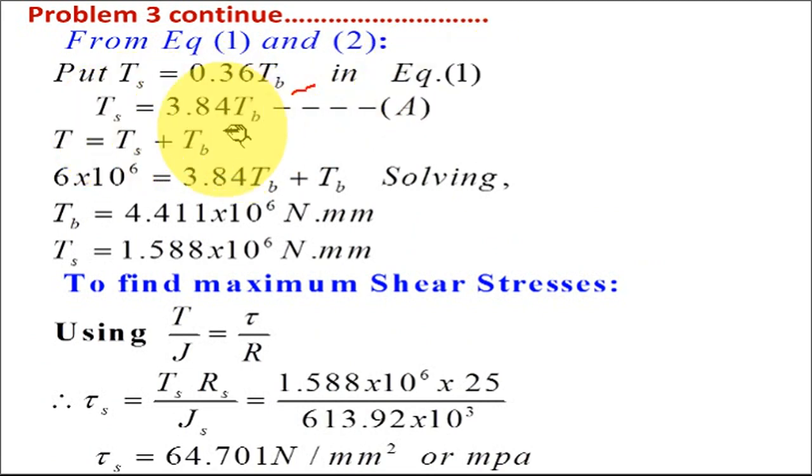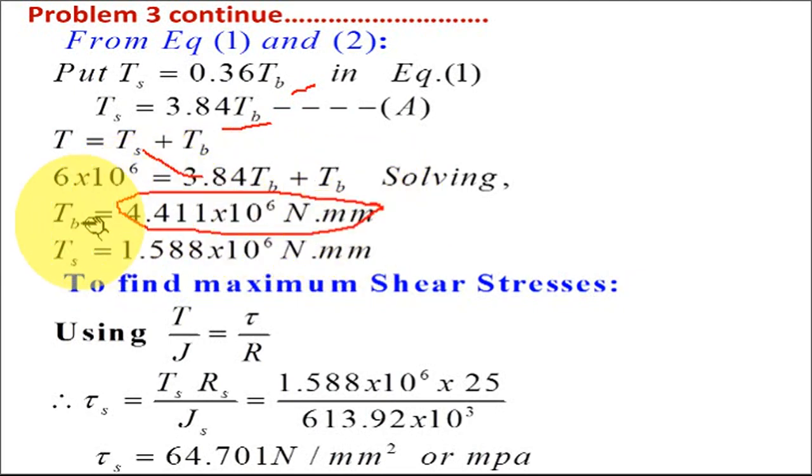By putting Ts is equal to 3.84 Tb in this particular equation, Ts is replaced by this one, 3.84 plus this 1, it will be 4.84, and if we divide 6 into 10 to power 6 by 4.84, we will obtain this particular value.